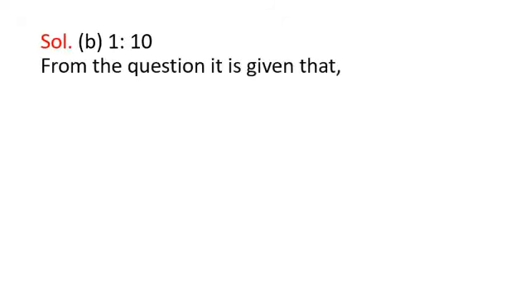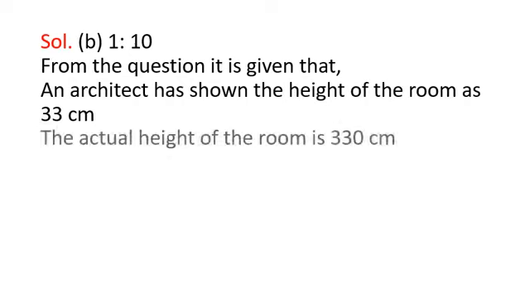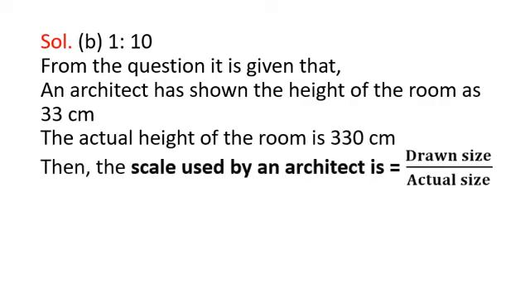So from the question it is given that an architect has shown the height of a room as 33 centimeter. The actual height of the room is 330 centimeter, and to find the scale we need to use this formula. This is the formula of the scale, to find out the scale used by an architect here in this question, or otherwise also in general you can use this formula according to the given scenarios in the question.